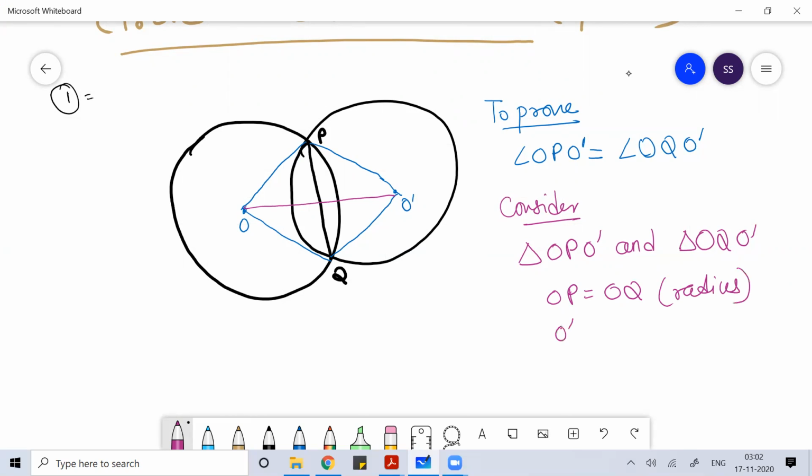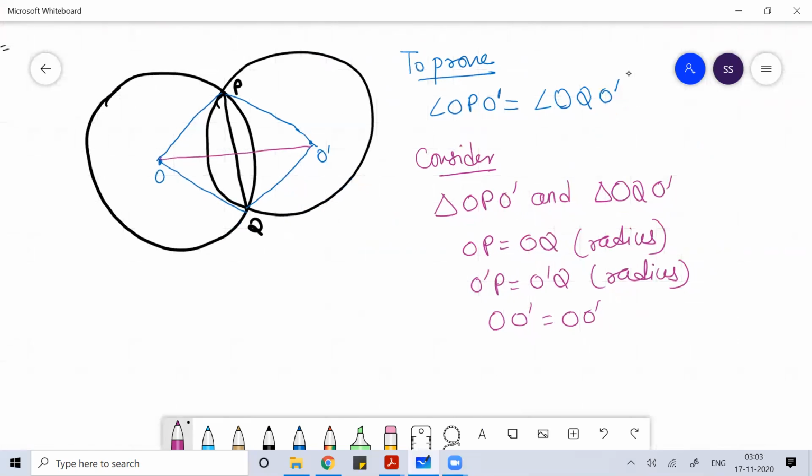Similarly, O dash P is equal to O dash Q because they are radii. And OO dash is the common side.